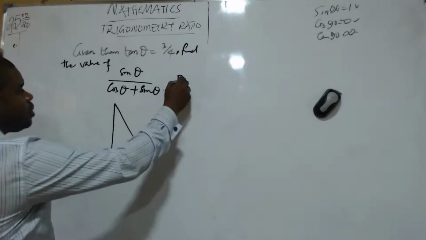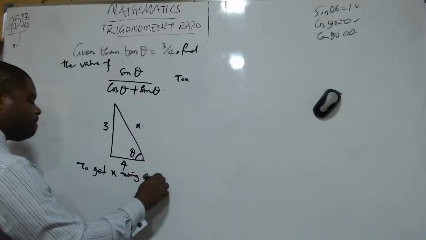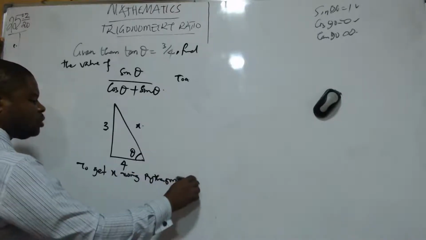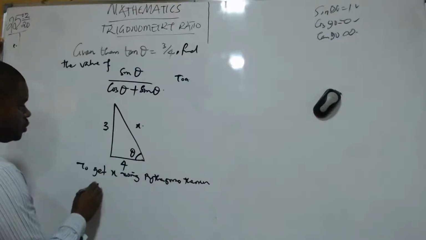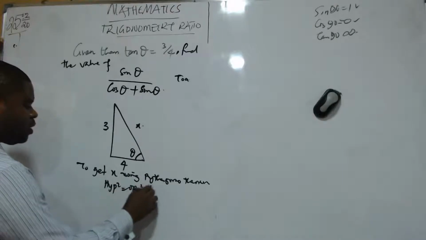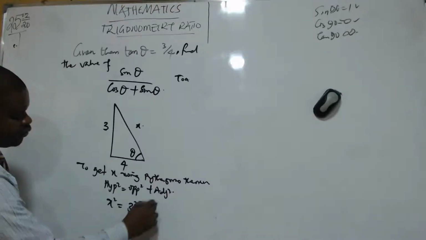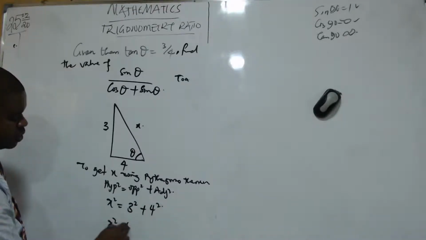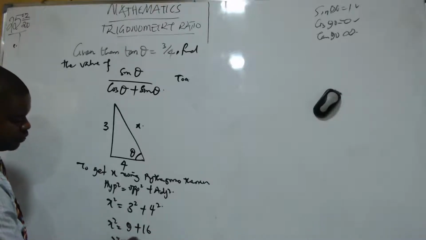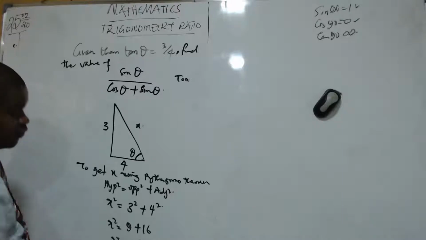Tan is up x. Using Pythagoras theorem, we're going to have hypotenuse square equals opposite square plus adjacent square. Right? Is 4 square. So x squared is 9 plus 16. So x squared will give us 25. So x becomes root 25. Therefore, our x is plus or minus 5.